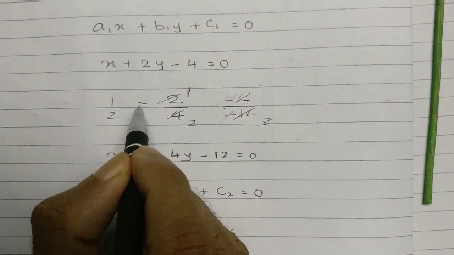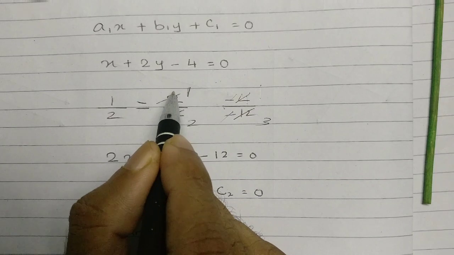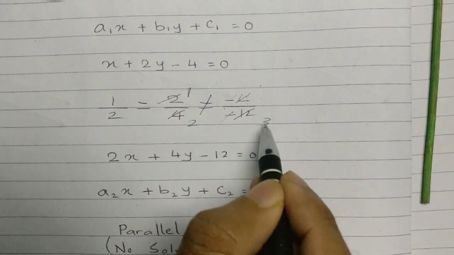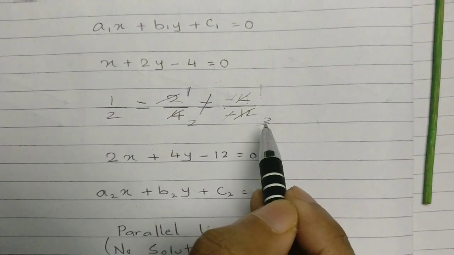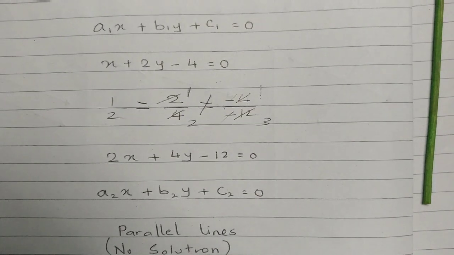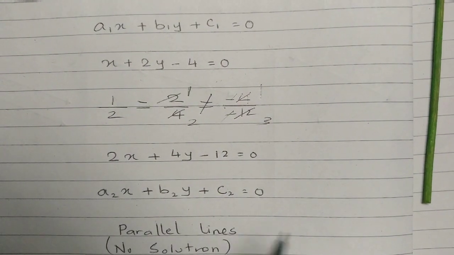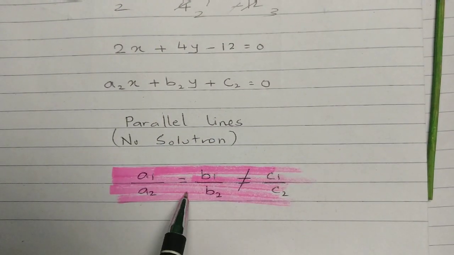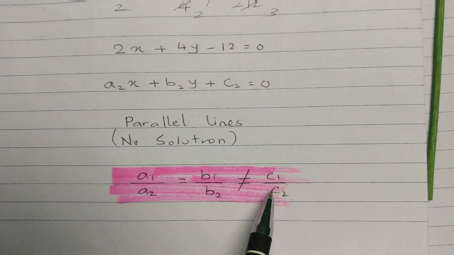So here I will have a1 upon a2 is equal to b1 upon b2, but it is not equal to c1 upon c2, because you have 1 upon 3 as the other ratio. So the condition for parallel lines is a1 upon a2 is equal to b1 upon b2 is not equal to c1 upon c2.